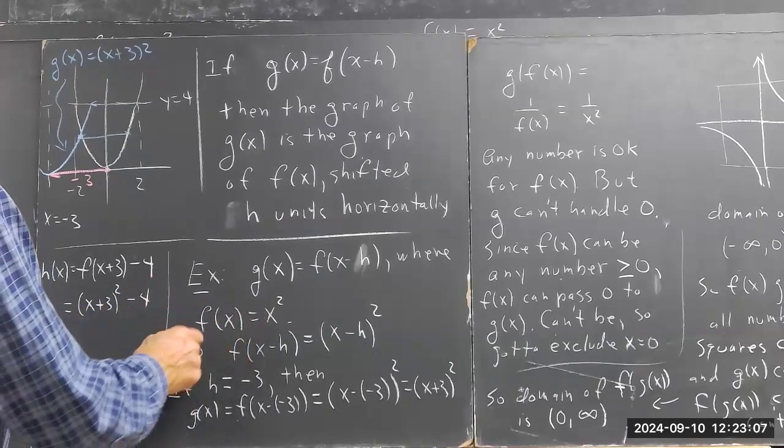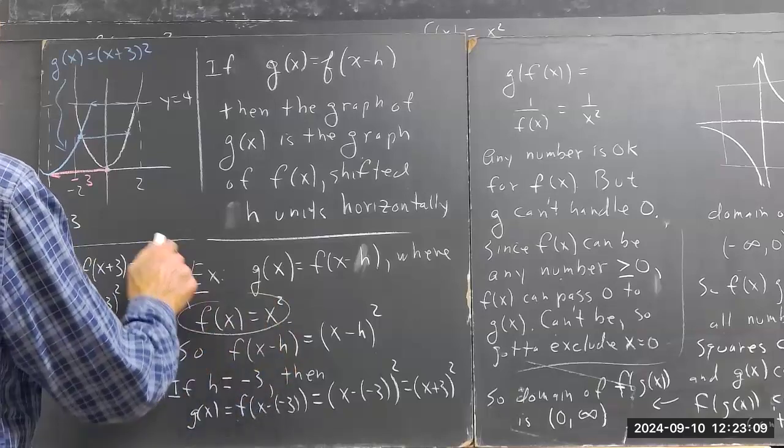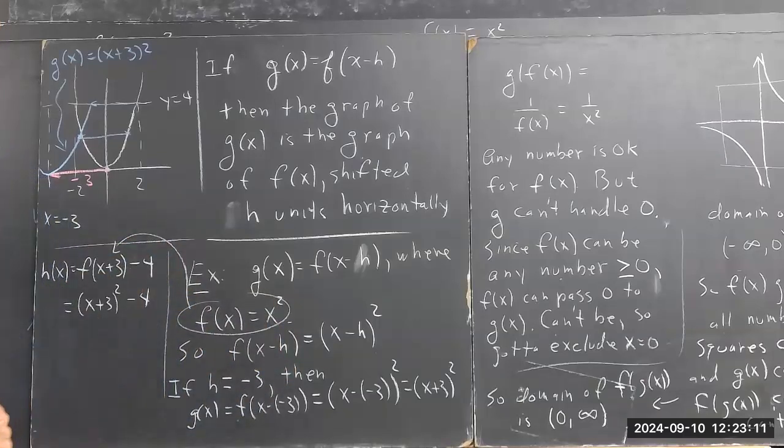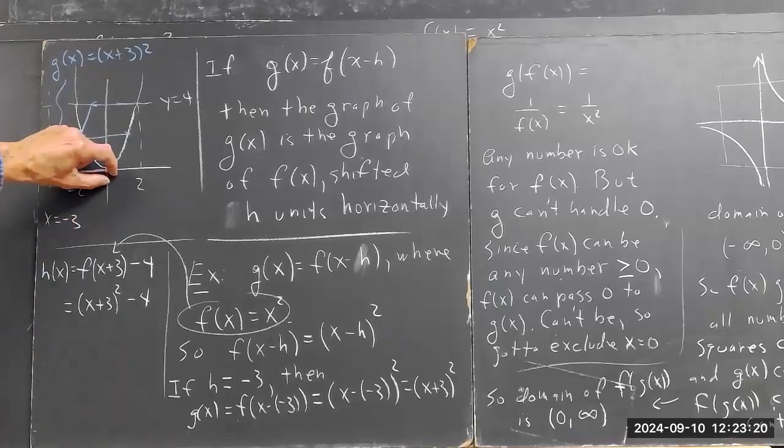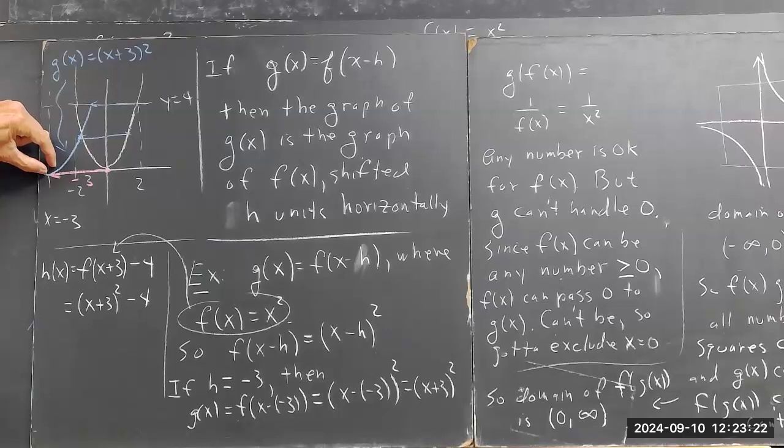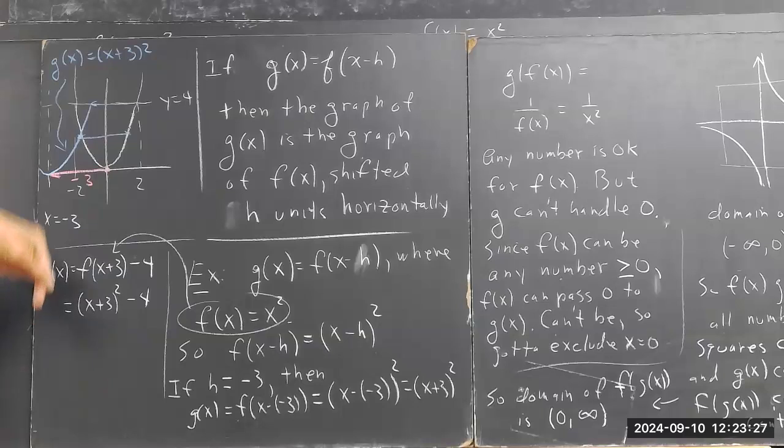Still f of x is equal to x squared. Okay. What's the graph of f of x plus 3 squared minus 4 look like? Well, it looks like you take this and shift it 3 units to the left, and then all your y values are going to decrease by 4, so you're going to have to shift it 4 units down. And the minus 4 does shift it 4 units down.